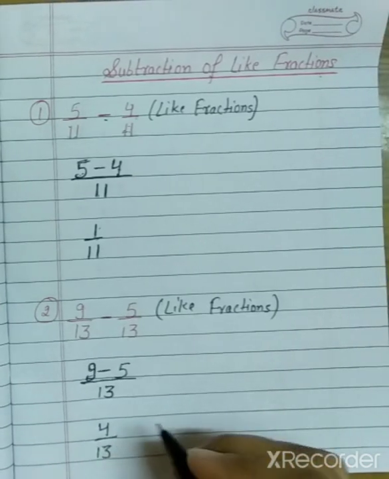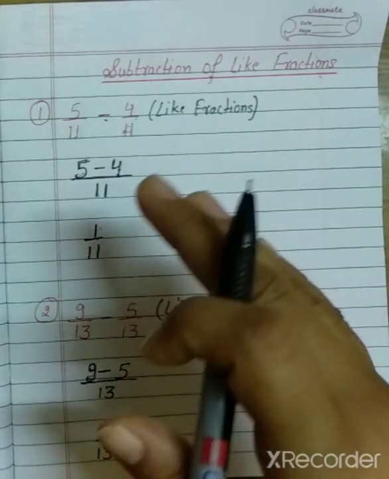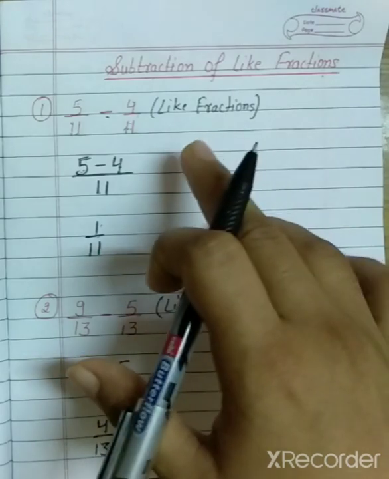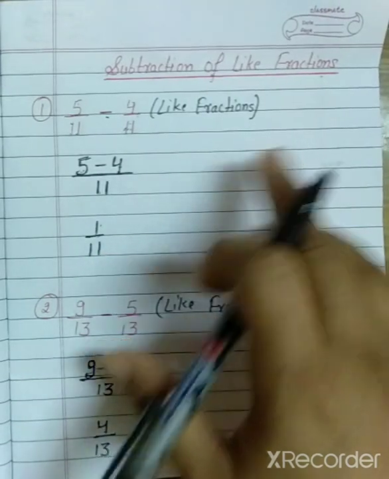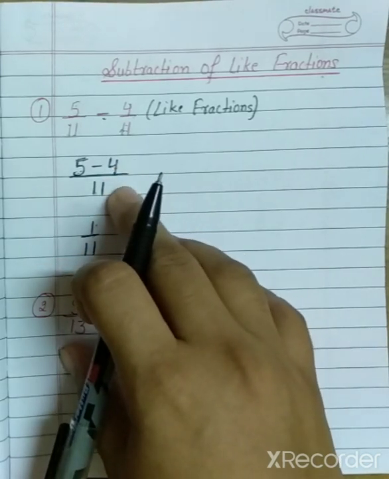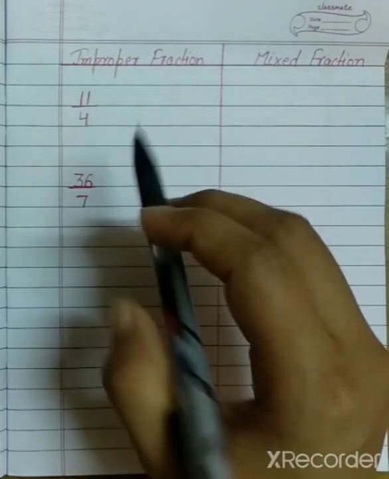So our answer is 4 by 13. In this way we can subtract like fractions. To subtract like fractions, we will just subtract the numerators and keep the denominator as it is.